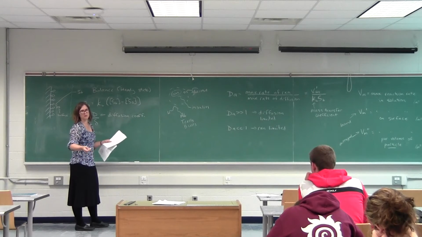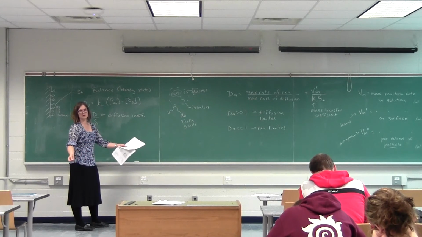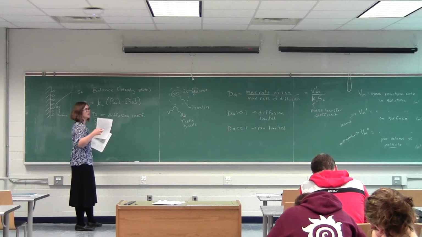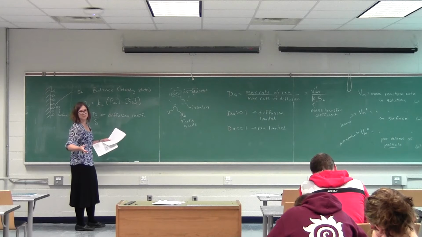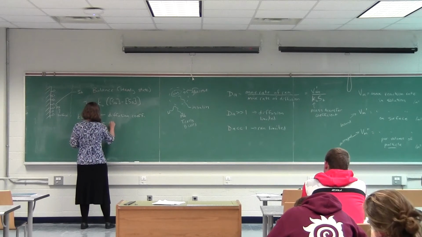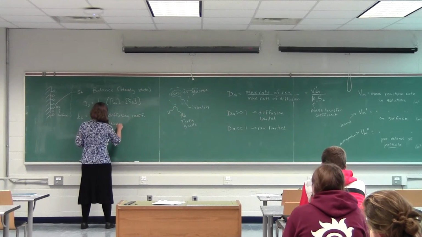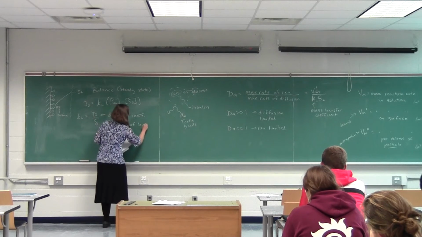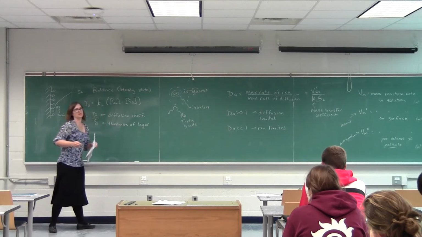So how fast will one molecule diffuse through a liquid, right? That's a function of the properties of what's diffusing and what it's diffusing through. And then the thickness of the layer, what's that determined by?